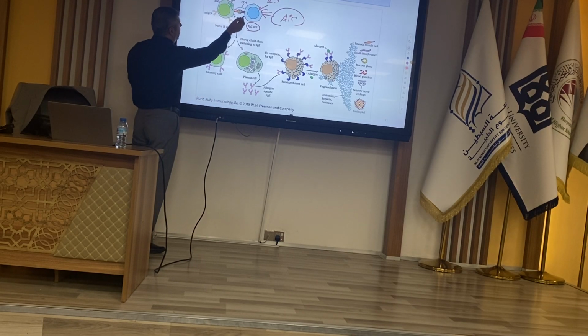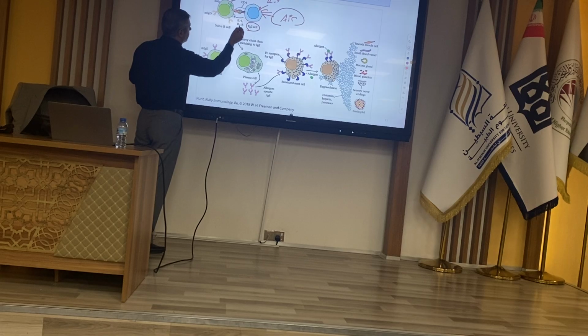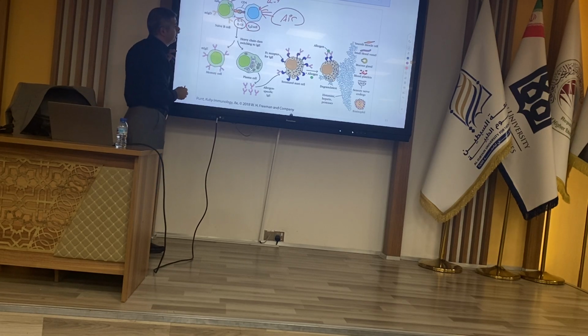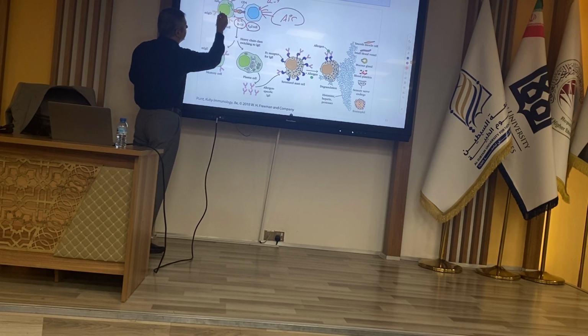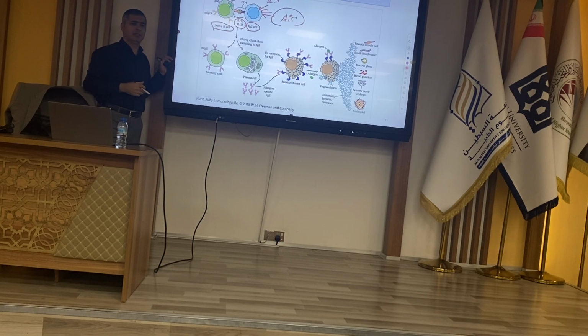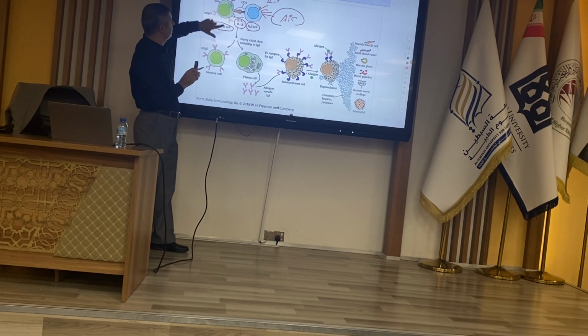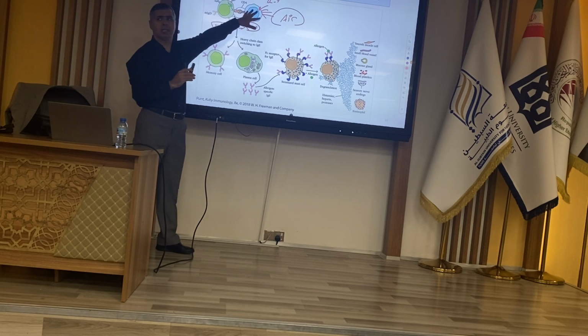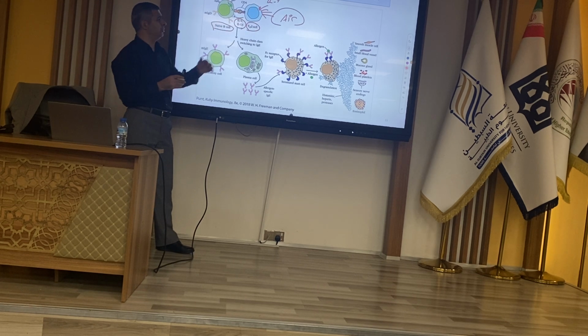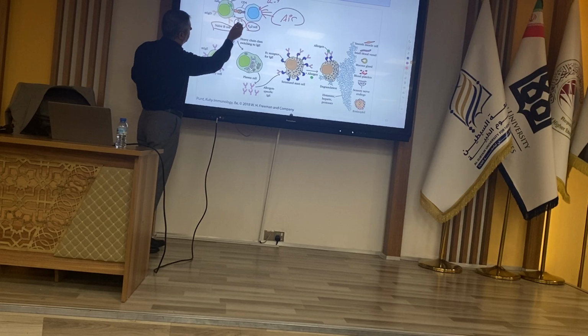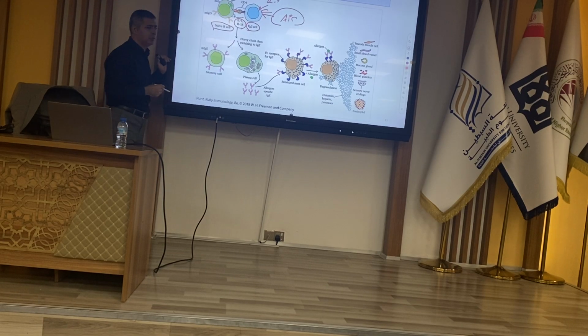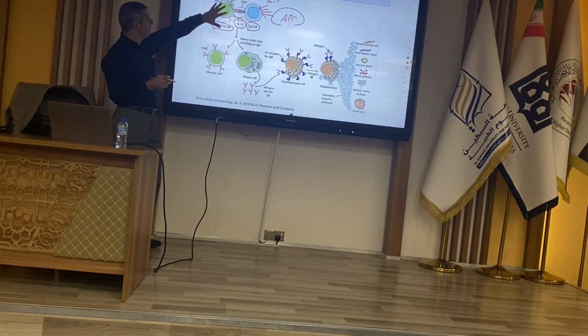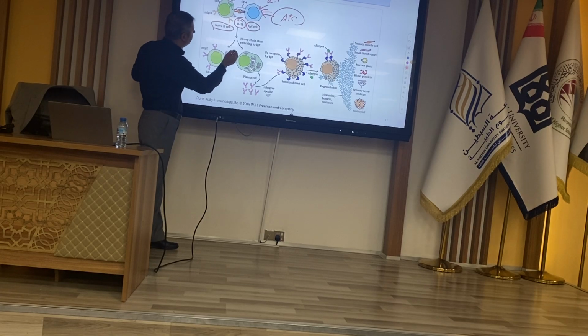And then a B cell and a T helper 2 will produce interleukin 4 and interleukin 13. Moreover, you know that a B cell is an APC, and the allergen is presented by the B cell to the T cell that is now T helper 2, with production of cytokines including interleukin 4 and 13. We will have class switching of the antibody to IgE.